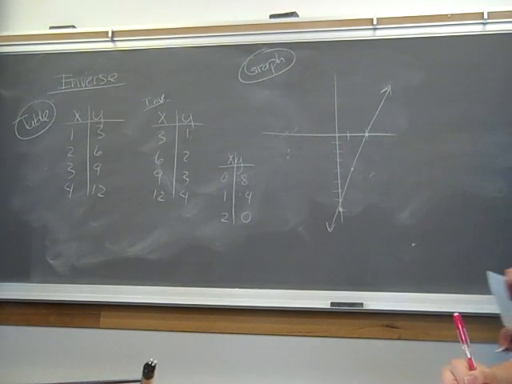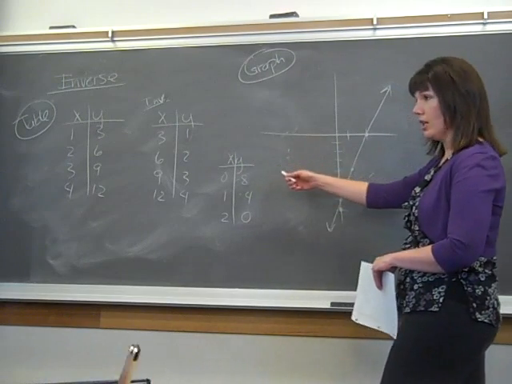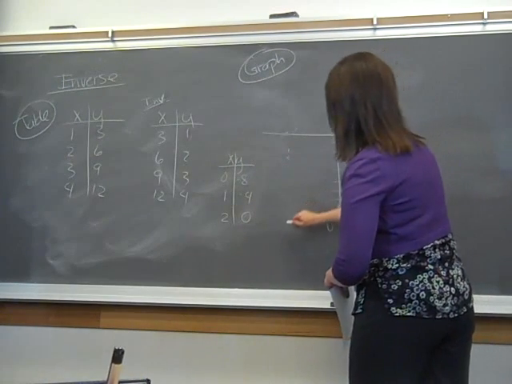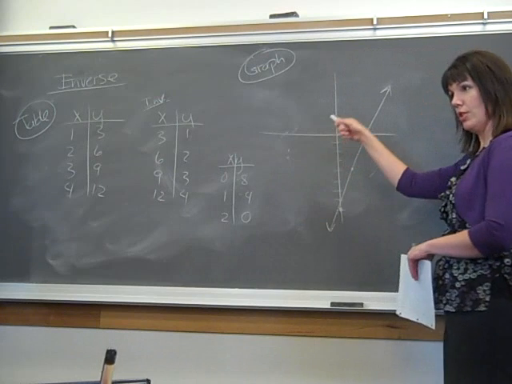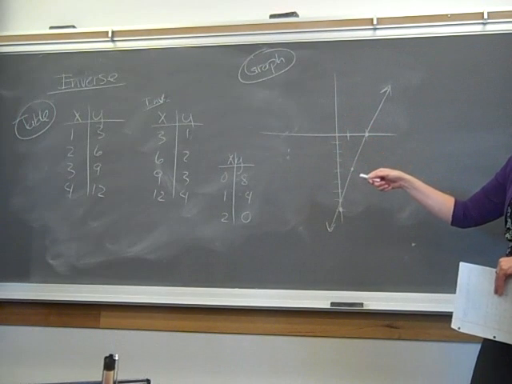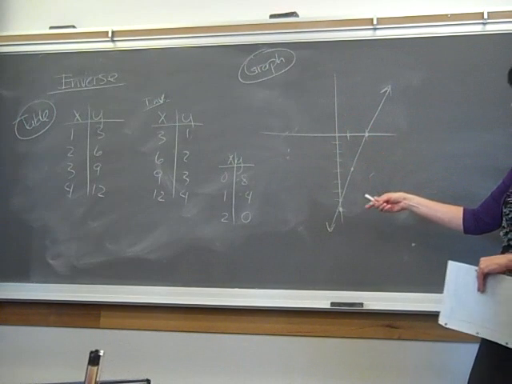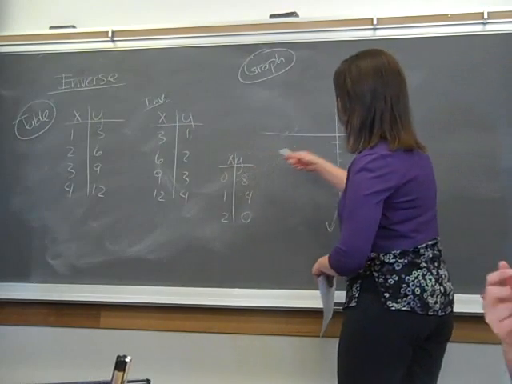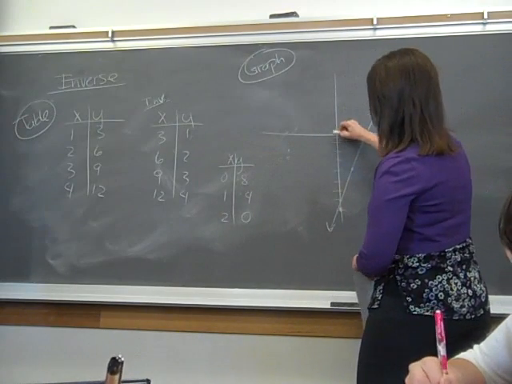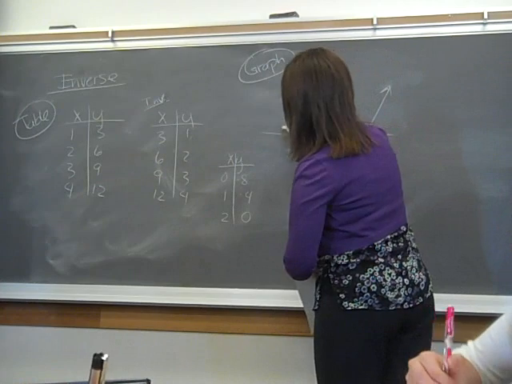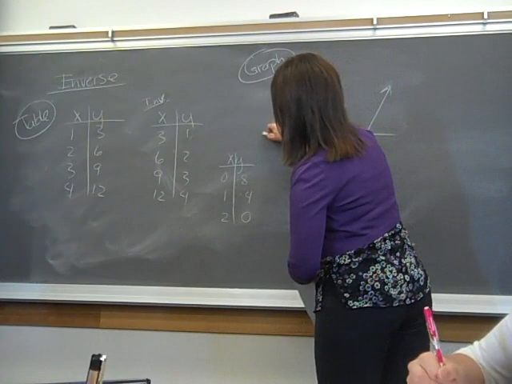Okay, now, because of the principle I just taught you, we already know what's going to happen to graph its inverse, right? What are we going to do? Switch the x, y value. So now, when y is 0, x is -8.